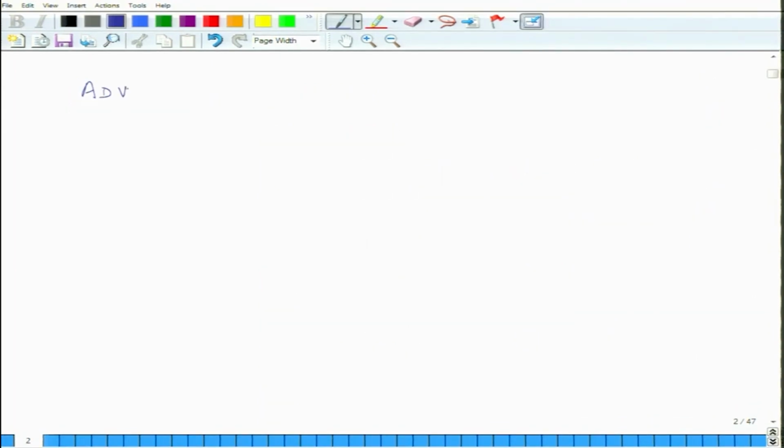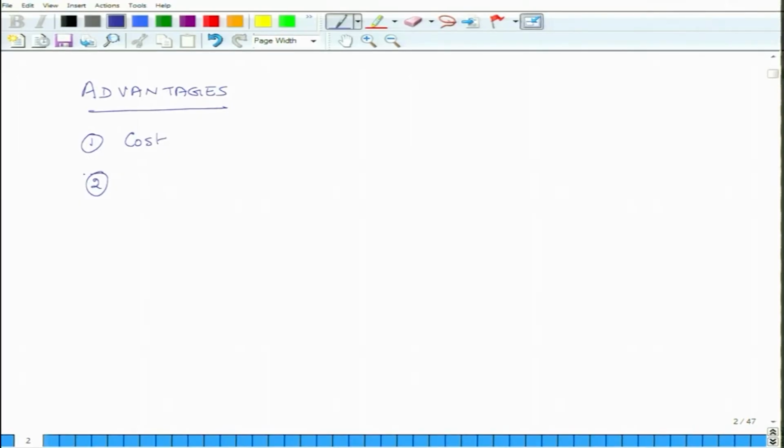So, let us look at some of the important advantages. So, the first important advantage is cost. Compared to other matrix materials which are metal based or ceramic based, polymer based matrix materials are the least expensive. So, this is an important advantage.